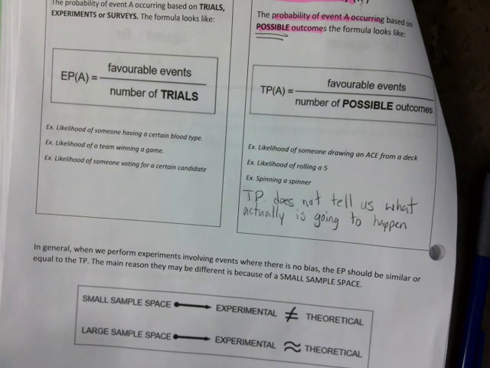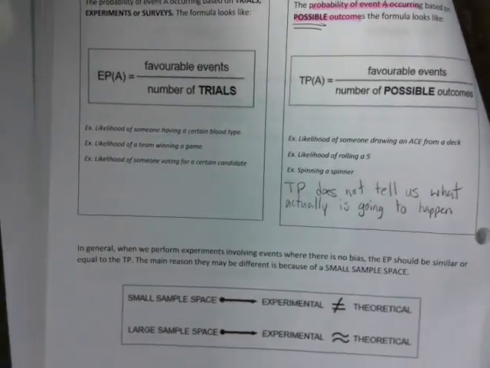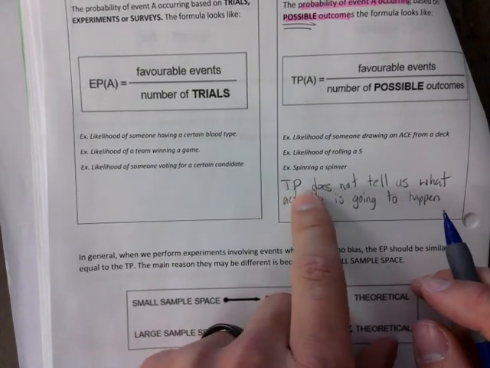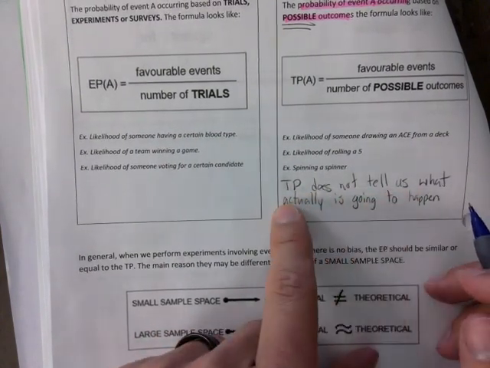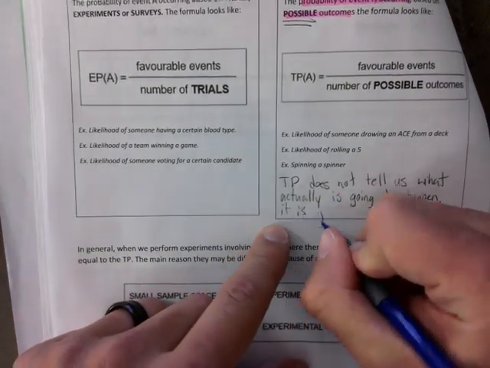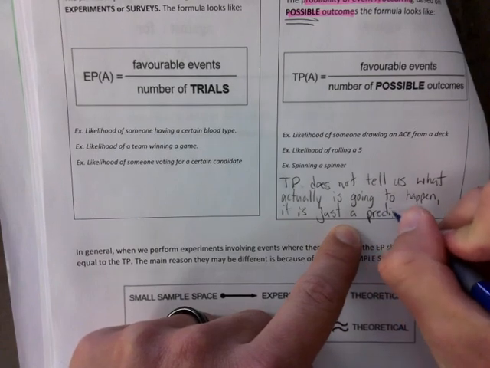But if we actually roll a dice 6 times, we may not roll a 6. So that would be our experimental probability, right? So it's what actually happens. So again, theoretical probability does not tell us what actually is going to happen. It is just a prediction.